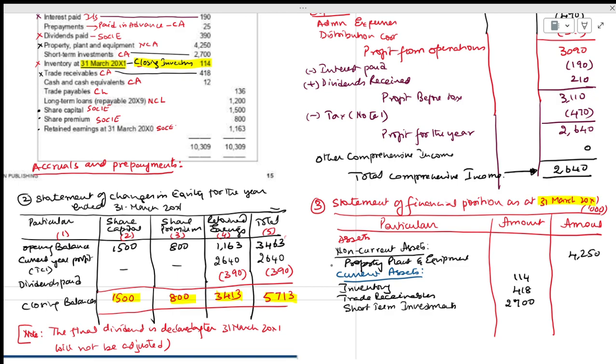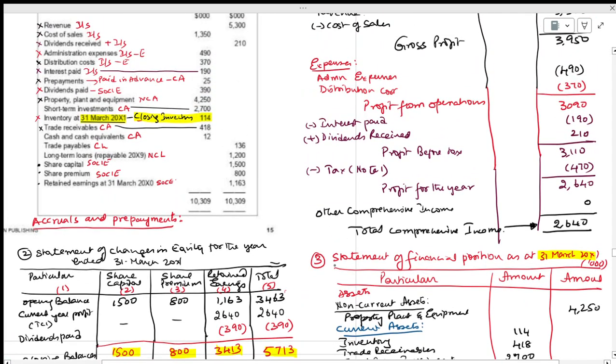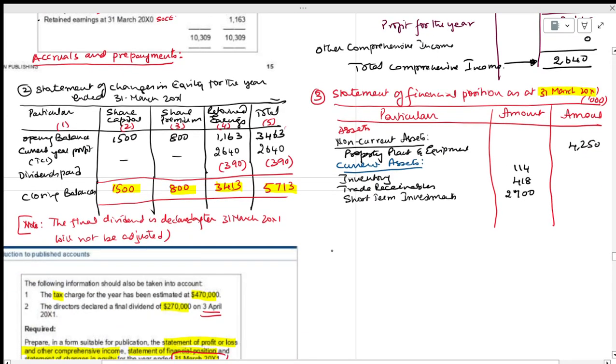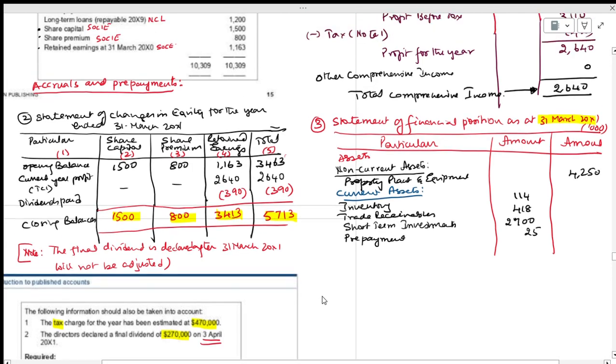Accrual account. Prepayments is there. How much are the prepayments? 25. This will never change. You do 100 problems, it will never change. Go one by one. Okay, 25. And anything else?